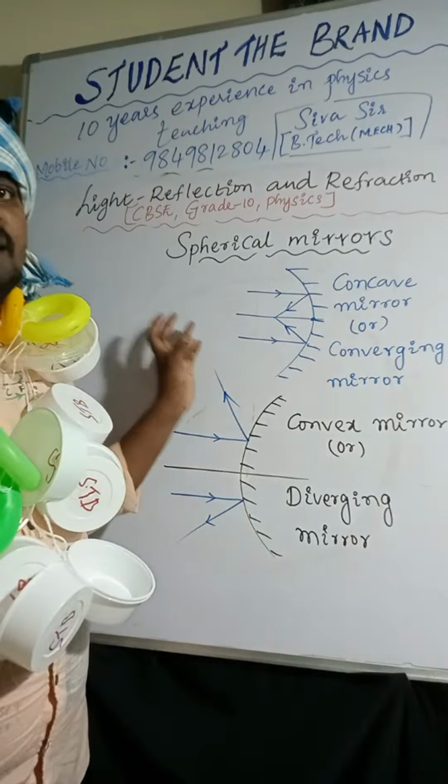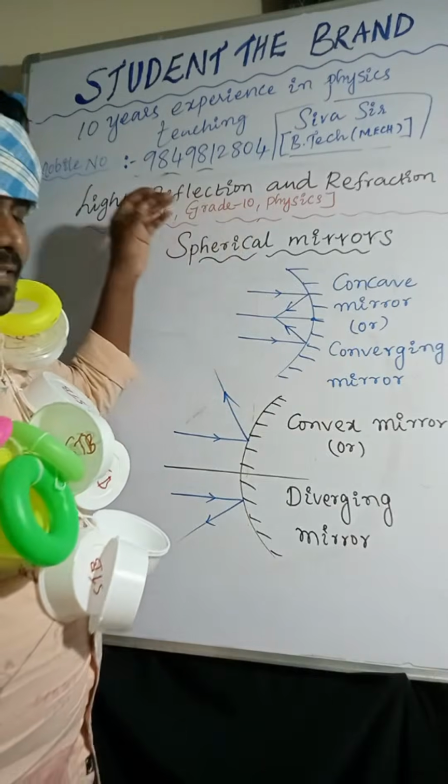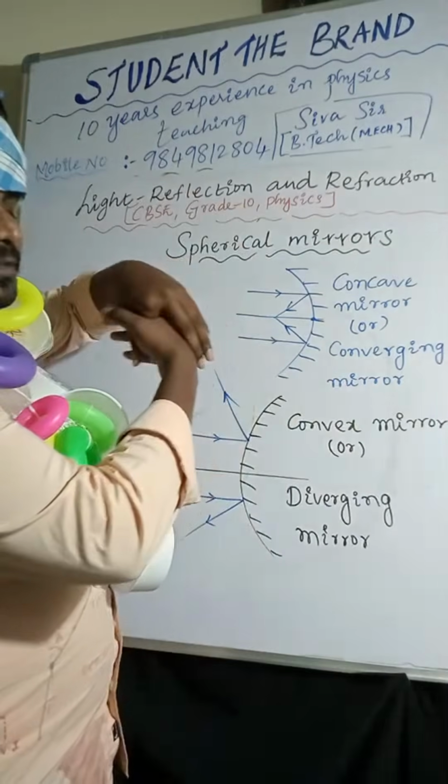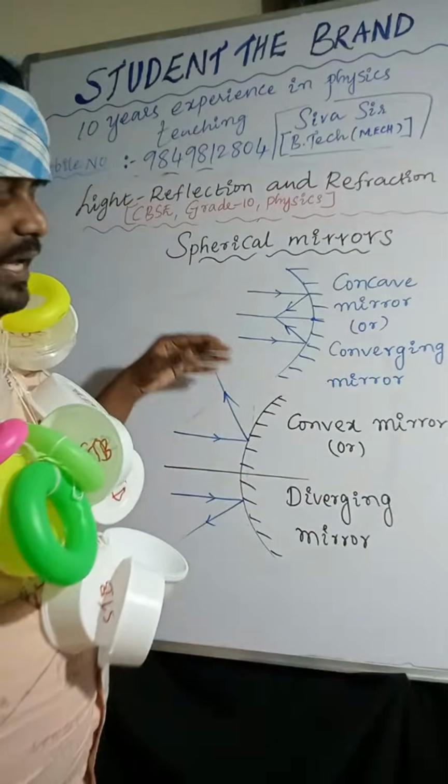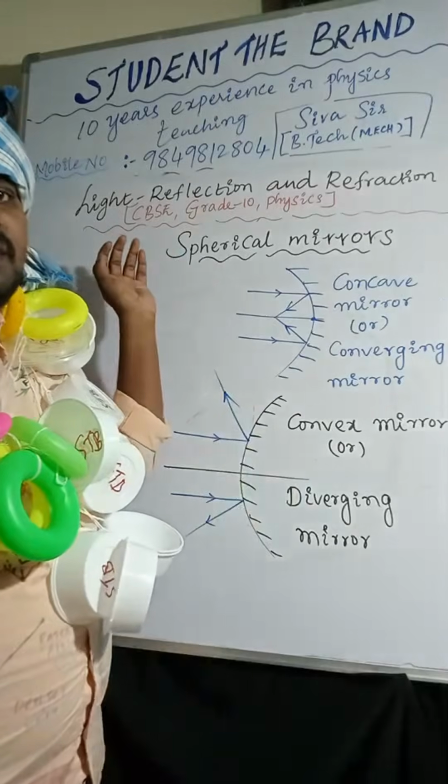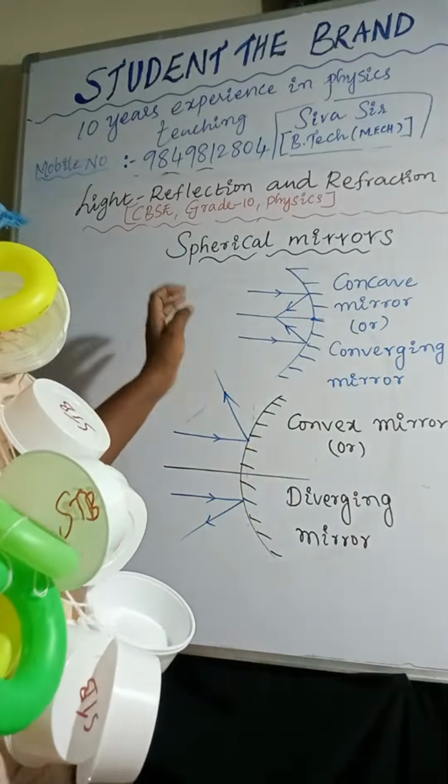That's why it is called a diverging mirror. Converging mirror means after reflection, light rays move towards the principal axis. Diverging means after reflection, the light rays move away from the principal axis.